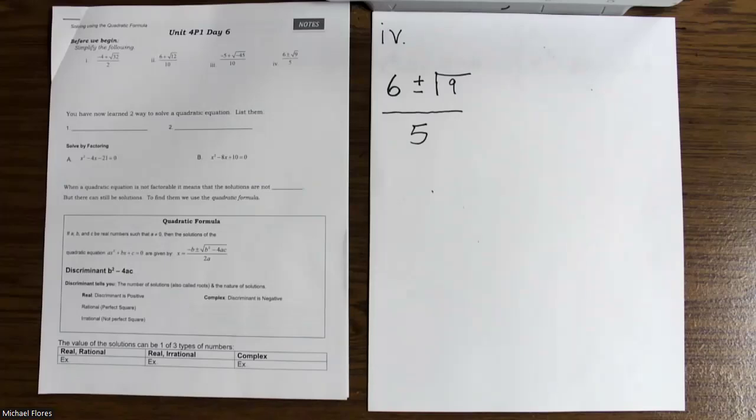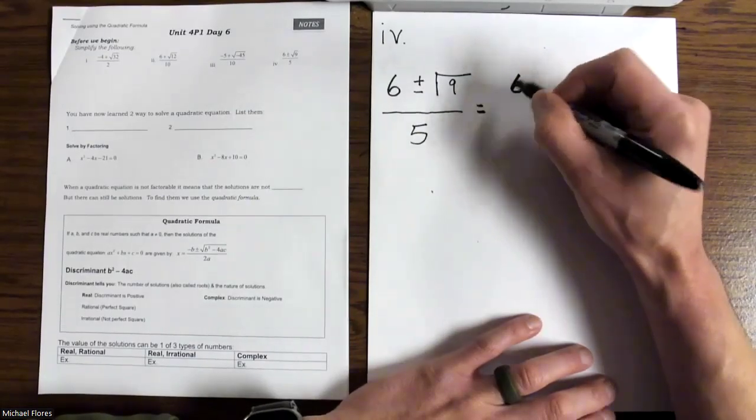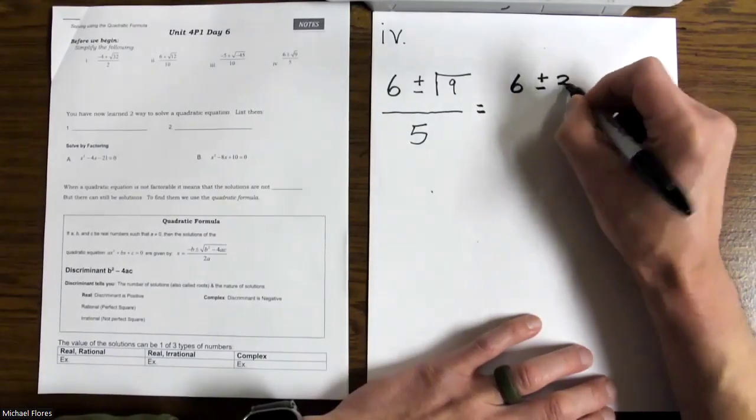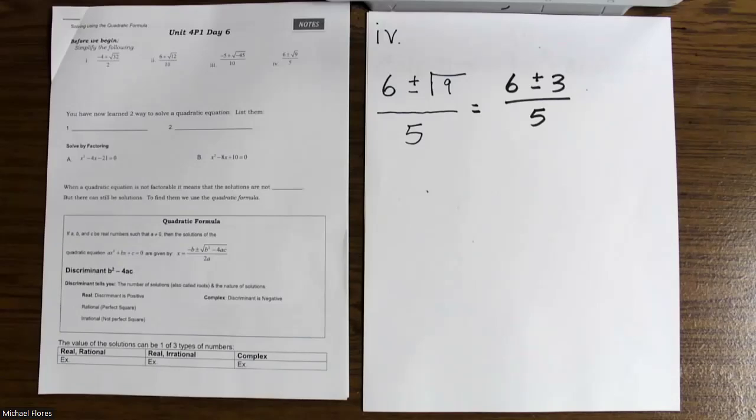And now example 4. Ooh, this one's a little bit different. First of all, we're dealing with a perfect square, and we have a plus or minus symbol. Plus or minus the square root of 9 is 3 all over 5. What this pretty much means, y'all, is that we have 2 different answers that we need to simplify here.